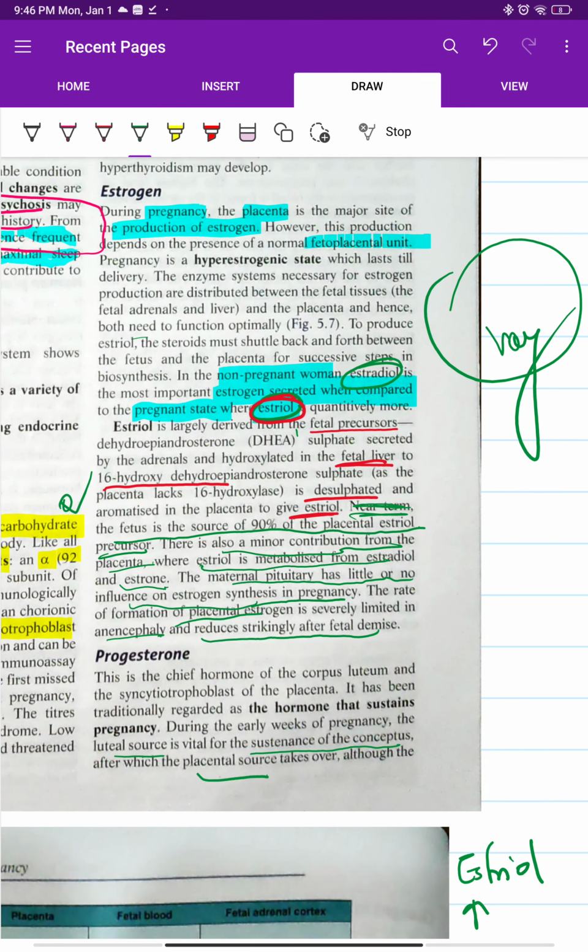And next, progesterone. Till 60 days, it is the corpus luteum which maintains the progesterone level.